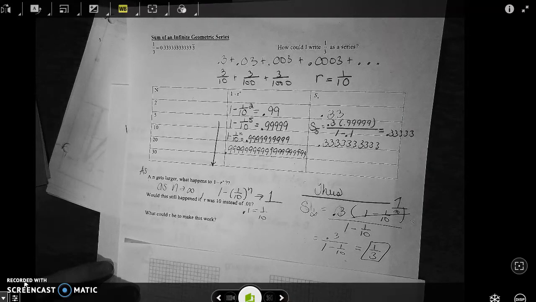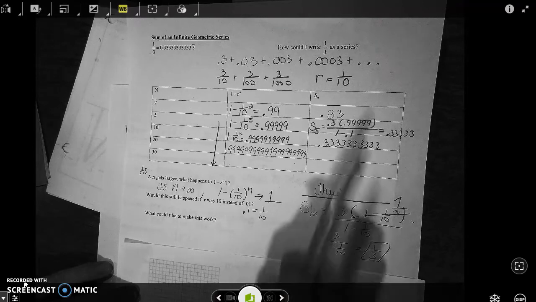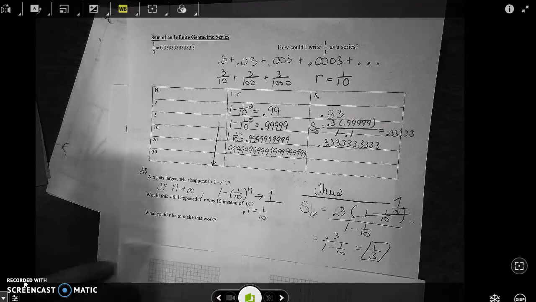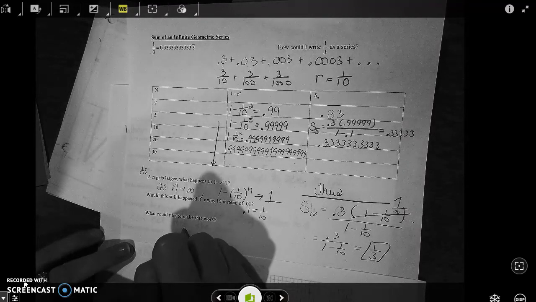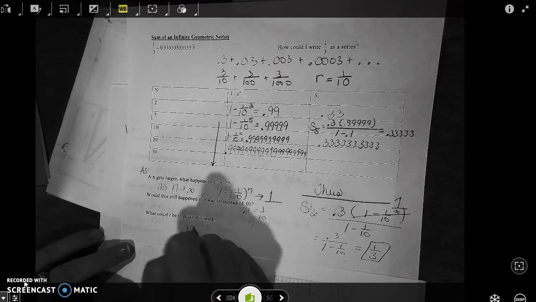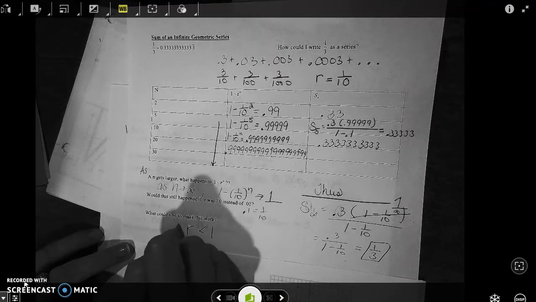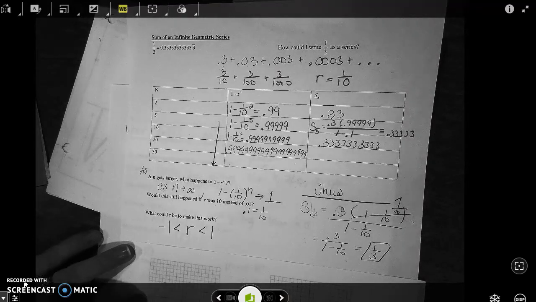They get so close to 0 they become insignificant, which is why ultimately you can add them together and find a sum. So for that to happen, the value of r must be less than 1 but greater than -1.